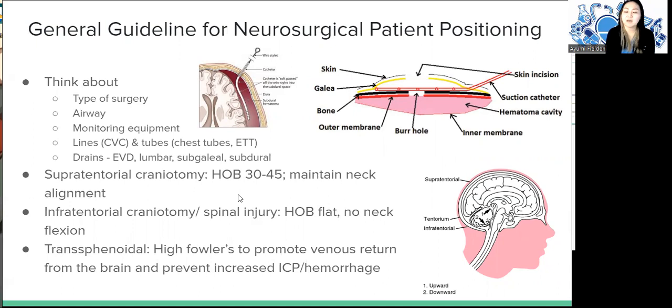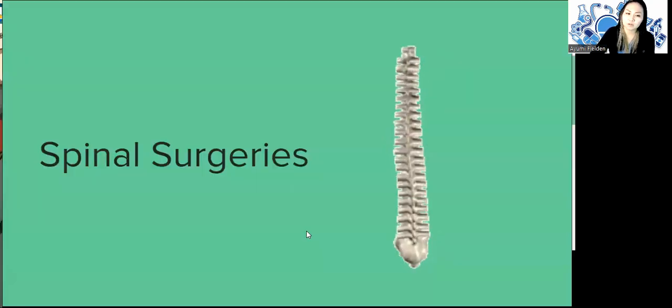Generally speaking, keep the head of bed pretty high and maintain good neck alignment. So really monitor that. And when you have a patient with a ventriculostomy, make sure you level it to the appropriate level so you are not measuring your ICP incorrectly. And with a lumbar drain too, make sure you are not draining way too much or too little.